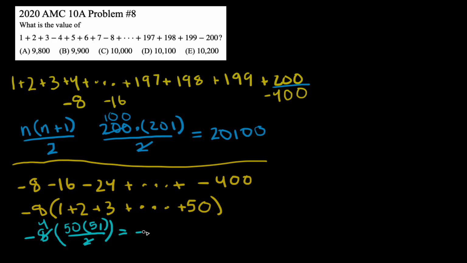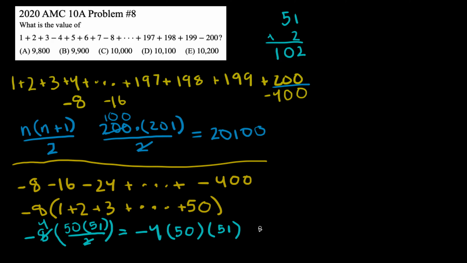So this just becomes negative 4 times 50 times 51, and that's also negative 200 times 51, where we can attach the negative on later. 200 times 51 is just 2 times 51 with 2 zeros added onto it. 2 times 51 is 102, but remember we're multiplying by 200, not 2.